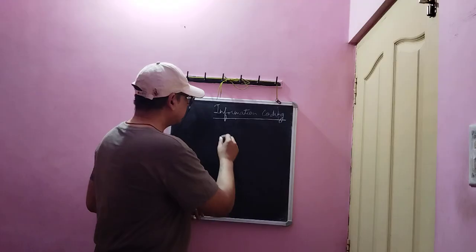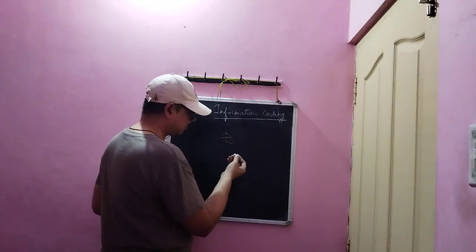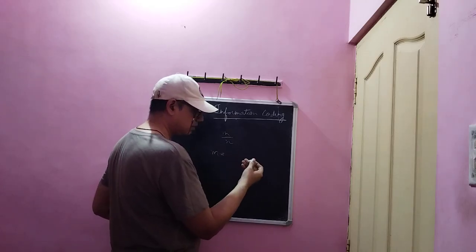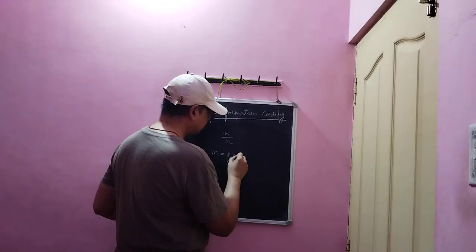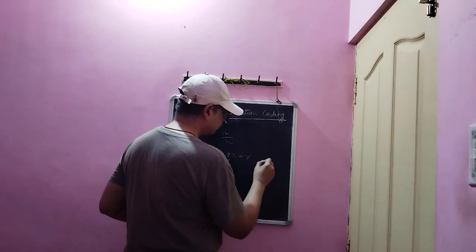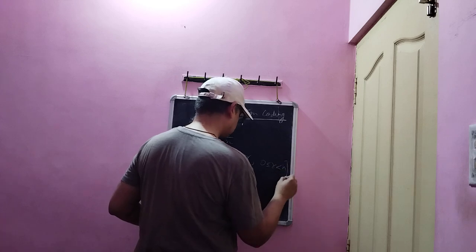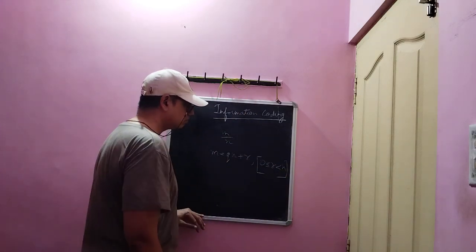Now if you take any two numbers m and n, we know from the division algorithm that there exist a quotient and a remainder such that m is equal to q times n plus r, where 0 is less than or equal to r, which is less than n. Okay?